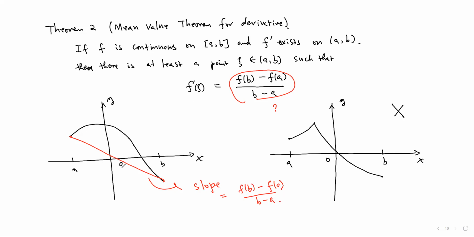Between A and B, we can find a point psi where the tangent line is parallel to the red line. Which point? See, I can find it here. Draw a tangent line. This tangent line is parallel to this line. This point here is psi. Mean value theorem for derivative.